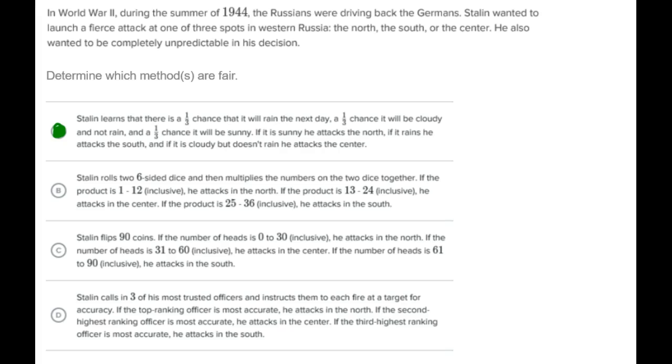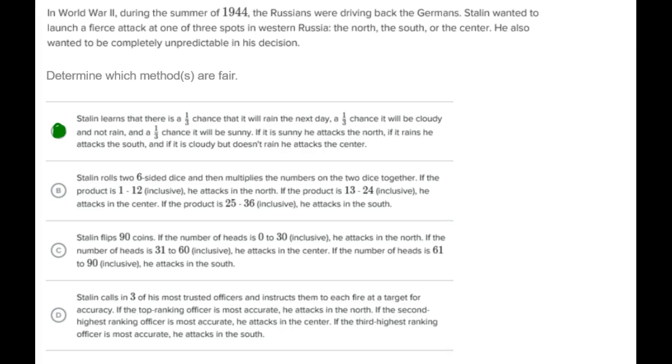Now to method D. Stalin calls in 3 of his most trusted officers and instructs them to each fire at a target for accuracy. If the top ranking officer is most accurate, he attacks the north. If the second highest ranking officer is most accurate, he attacks the center. If the third highest ranking officer is most accurate, he attacks the south.